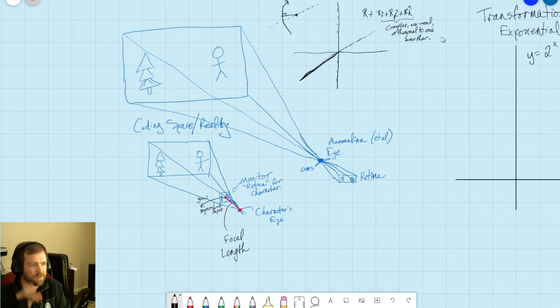So you have to use 4D coordinates in order to do a lot of these calculations.